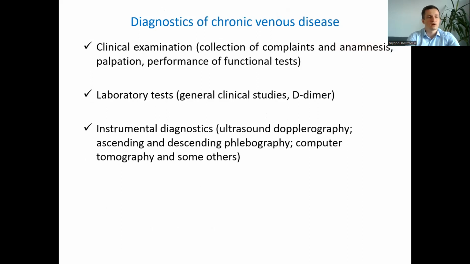Diagnostics of chronic venous disease is based on clinical examination, collection of complaints and anamnesis, palpation, performance of functional tests, laboratory tests, general clinical studies, and D-dimer, and the most important instrumental diagnostics: ultrasound, Dopplerography, ascending and descending phlebography, computed tomography, and some others.